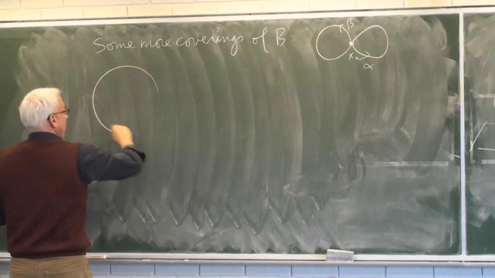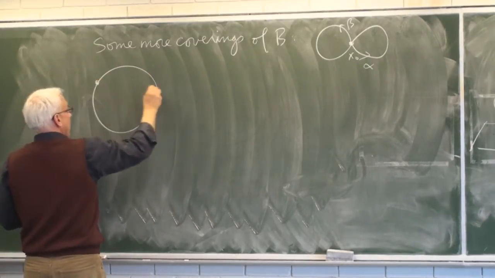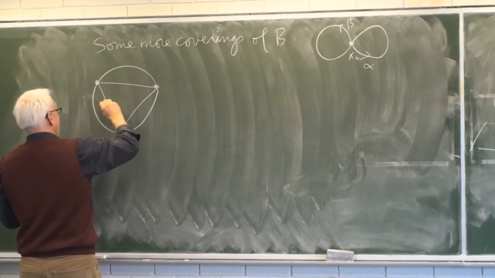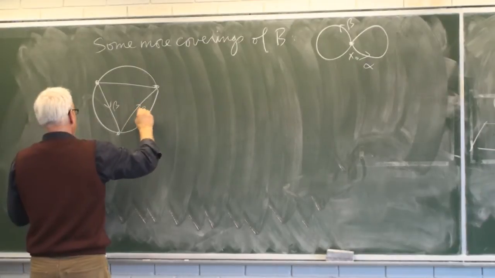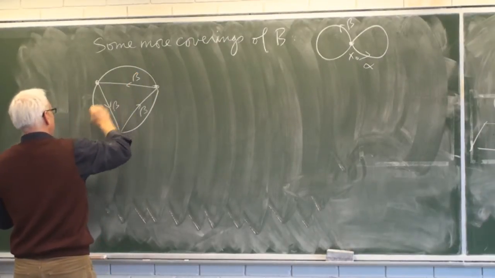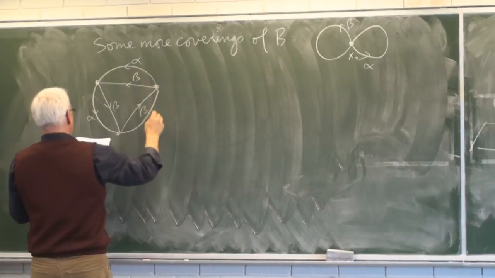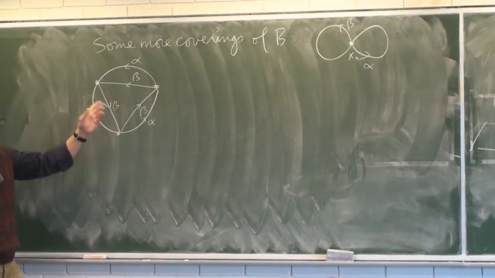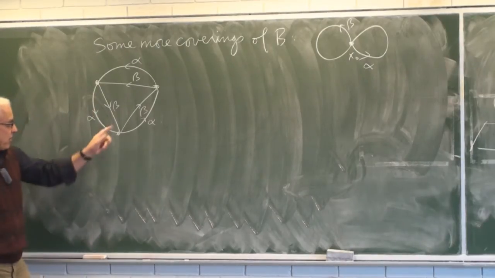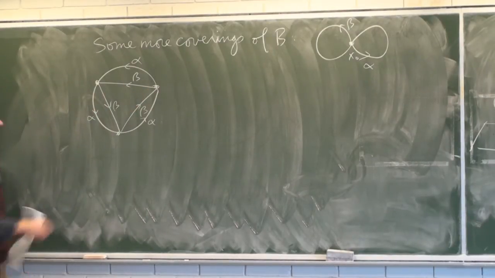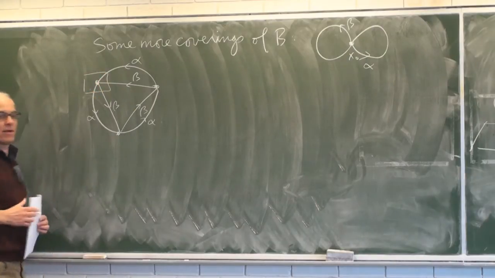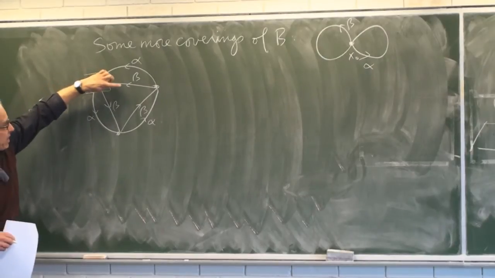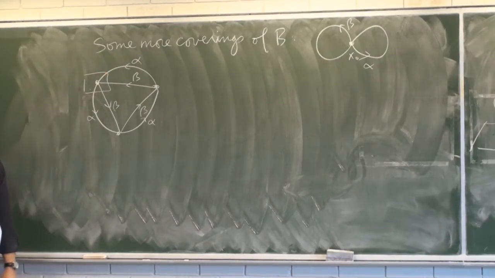Okay, so all right, here's another graph whose edges are labeled by alphas and betas. There are 3 vertices. At every vertex, if you look locally, you see 2 alpha edges, 1 coming in, 1 coming out, and 2 beta edges, 1 coming in and 1 coming out.